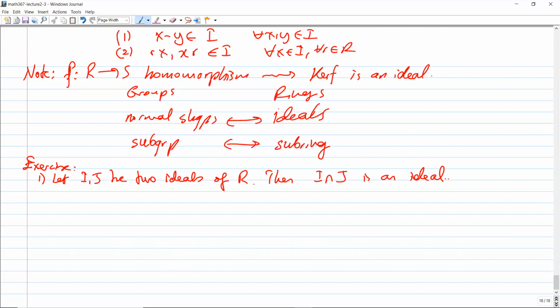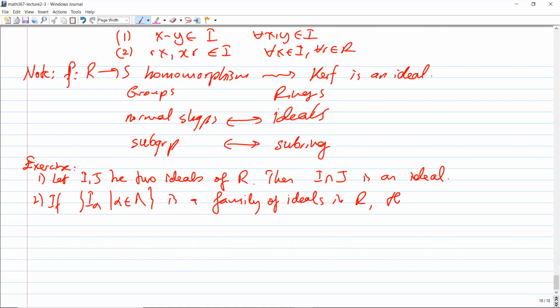So more generally, if I_alpha, where alpha runs over some index set Lambda, is a family of ideals in R, then their intersection is an ideal.